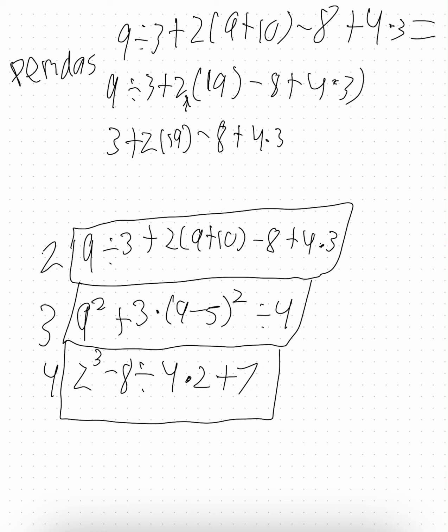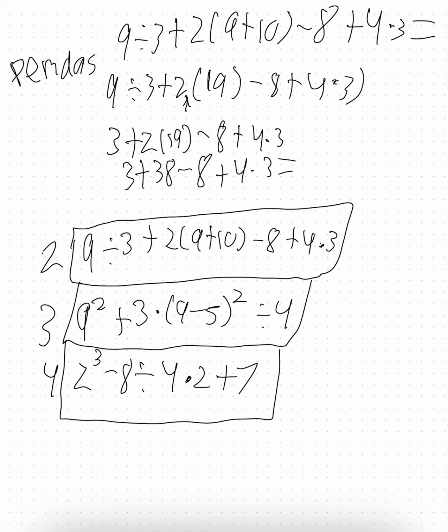Well, let's think of it this way. 2 times 20 is pretty close, okay? So we added 1 more to 19 to get to 20. So 2 times 20 is 40, and then we have to subtract the 2 times 1 that we added, which is 38. So we have 3 plus 38 minus 8 plus 4 times 3. What does that equal to?